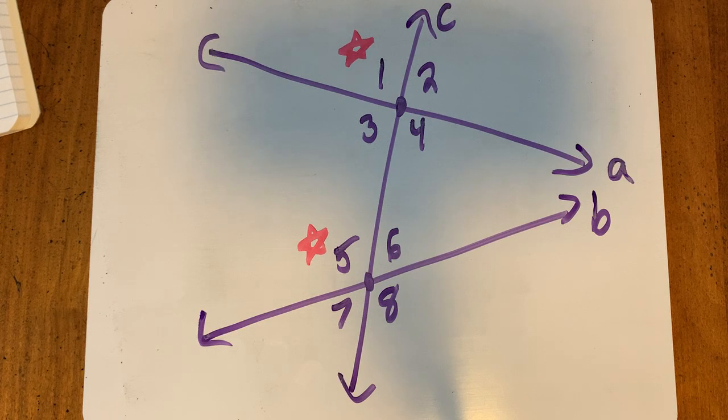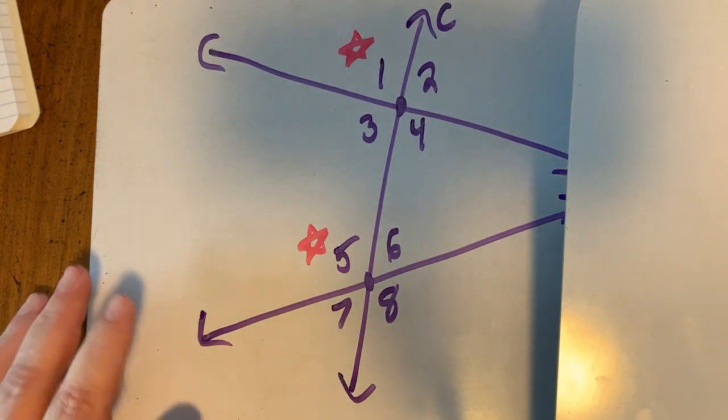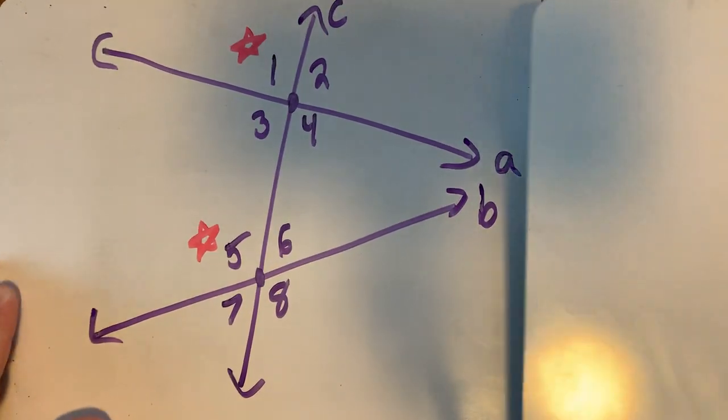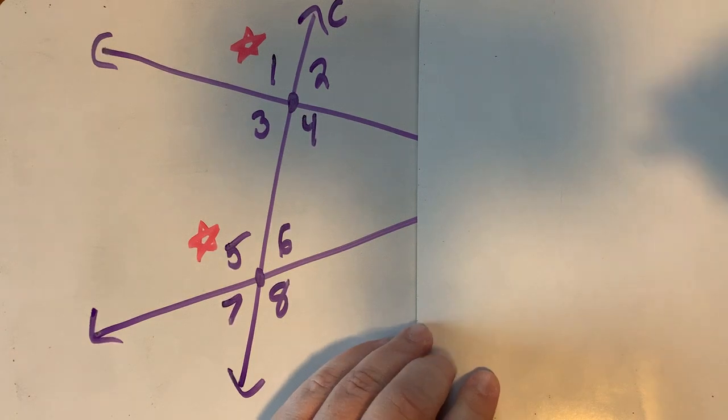One is to the top left of its vertex. It's above its line and to the left of the transversal. And 5 is to the top left. It's above its line and to the left of the transversal. They're in the same corresponding position. So that's why we call angles like that corresponding angles.